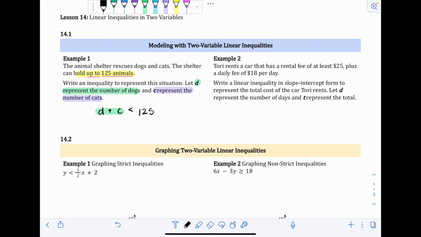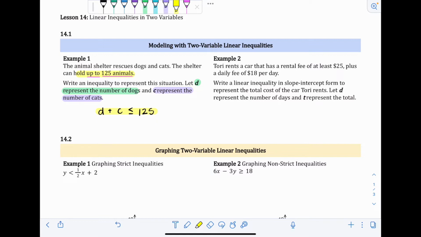And because up to means it can be equal to 125 as well, we put the little or equal to line underneath. So this means the number of dogs plus the number of cats is less than or equal to 125. Up to means we can be 125 or anything less than it, so we use the less than or equal to.